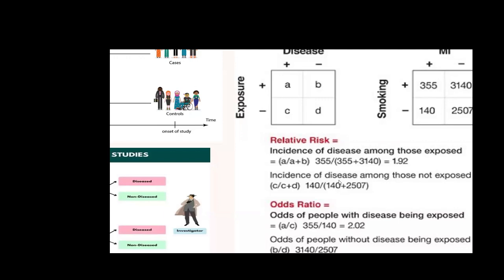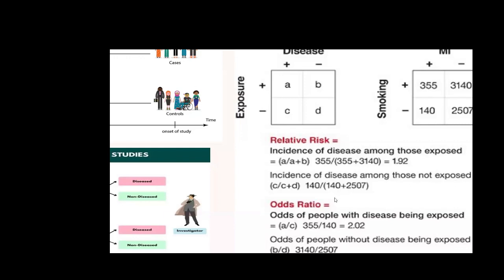Incidence of disease among those not exposed, that is equal to C divided by C plus D. So the relative risk is A upon A plus B, that is the incidence of disease among the exposed, divided by the incidence of disease among the not exposed.